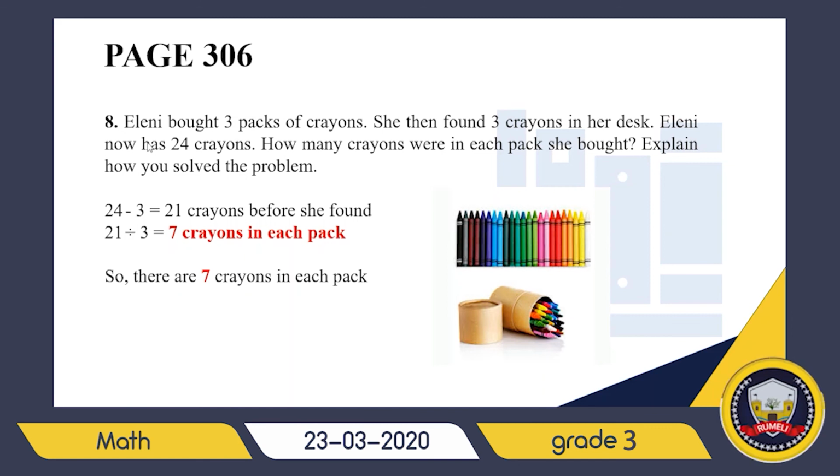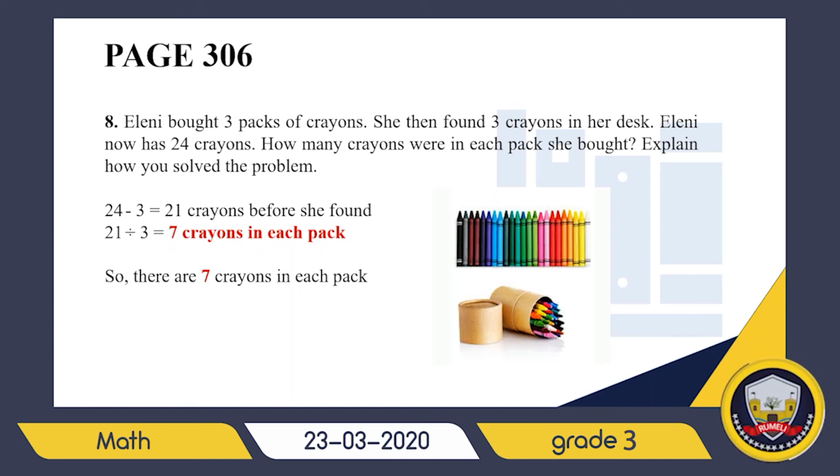Eleni has how many crayons at the end of all steps? She has 24 crayons. After what? After she found 3 crayons. If you find something, you add it, right? After she found 3 crayons, she had 24 crayons.